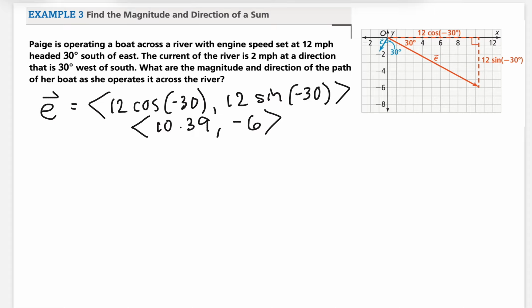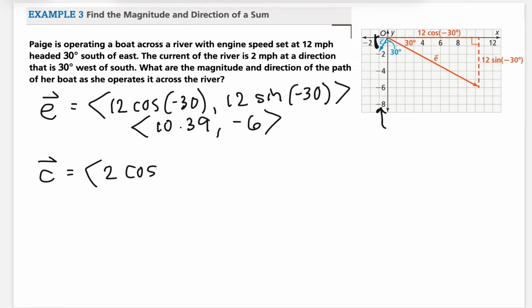Then we need to find vector C, which is our current. So for that, we're going to take 2 times cosine of 60. The reason we're saying 60 is because we don't usually talk about the angle that it makes with the y-axis.